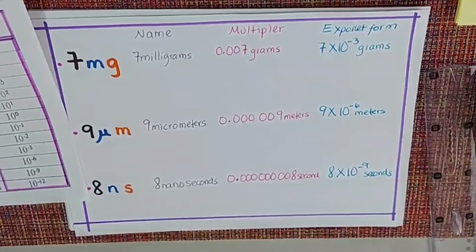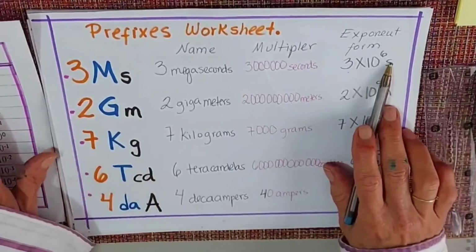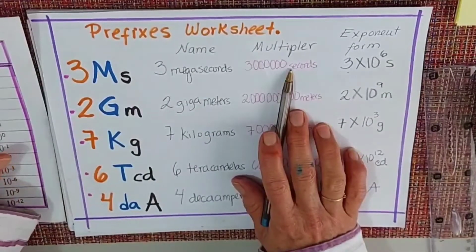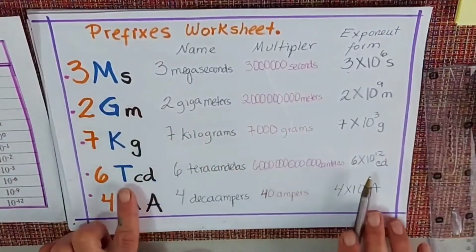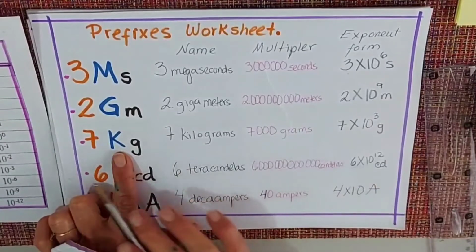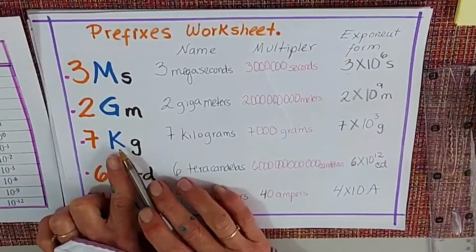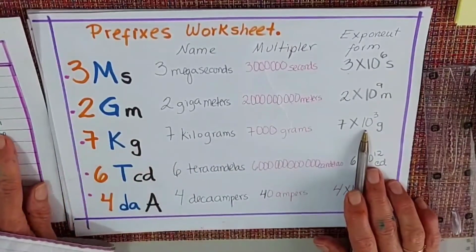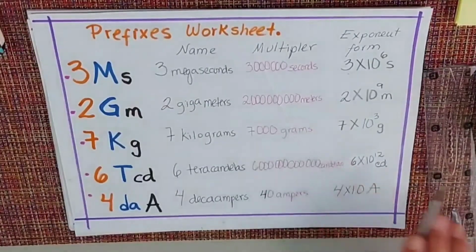It's the same with these prefixes. 10 to the 6 power is for mega, the capital M is mega, and you need to look for the multiplier for these prefixes in your prefixes chart. It's also here with the 7 kilograms. The first letter is for the prefix, and the second letter is for the unit. And the exponent form, you need to look for the exponent form and the multiplier in your prefixes chart.